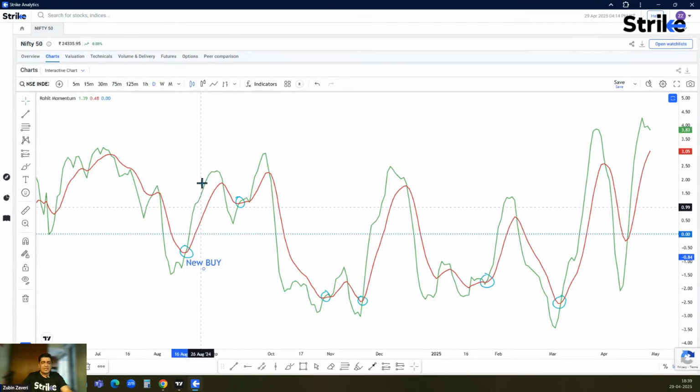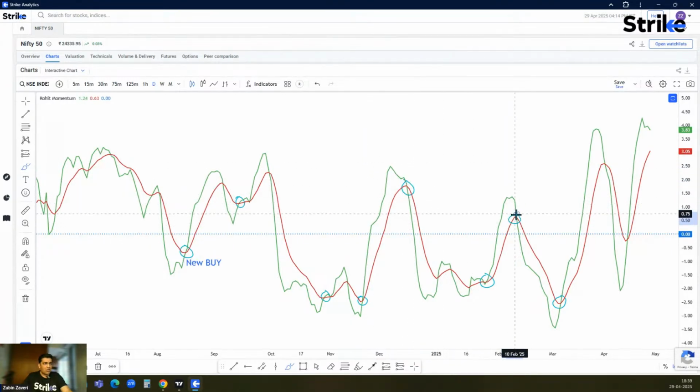That means the momentum is bullish. Whenever the green line is above the red line, the momentum of that particular stock or the index is bullish.